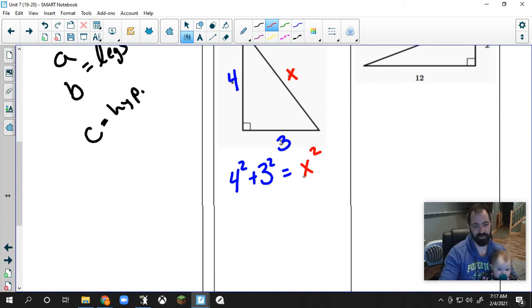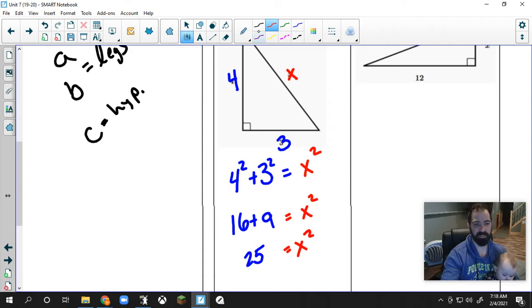And we are trying to find the value of x, that missing side. Well, 4 squared is 16. 3 squared is 9. And that's going to equal x squared still. Add them up, 16 plus 9 is 25, and that equals x squared.